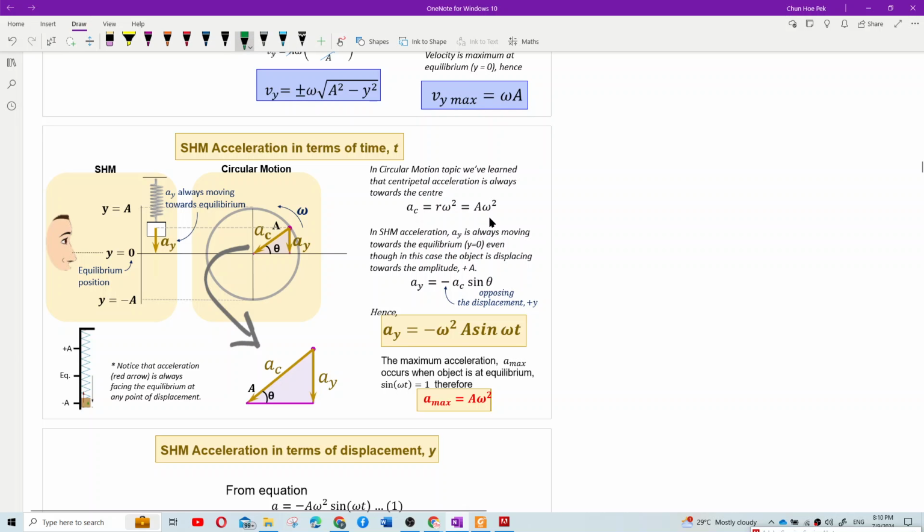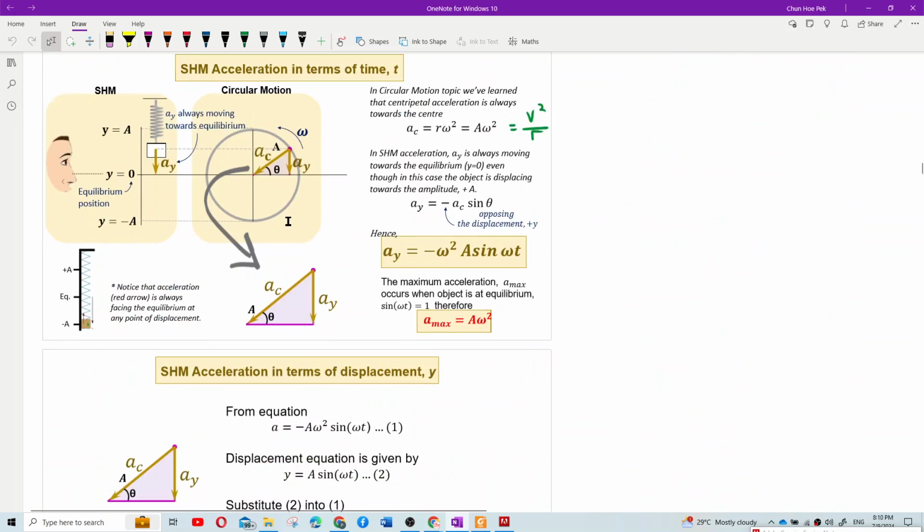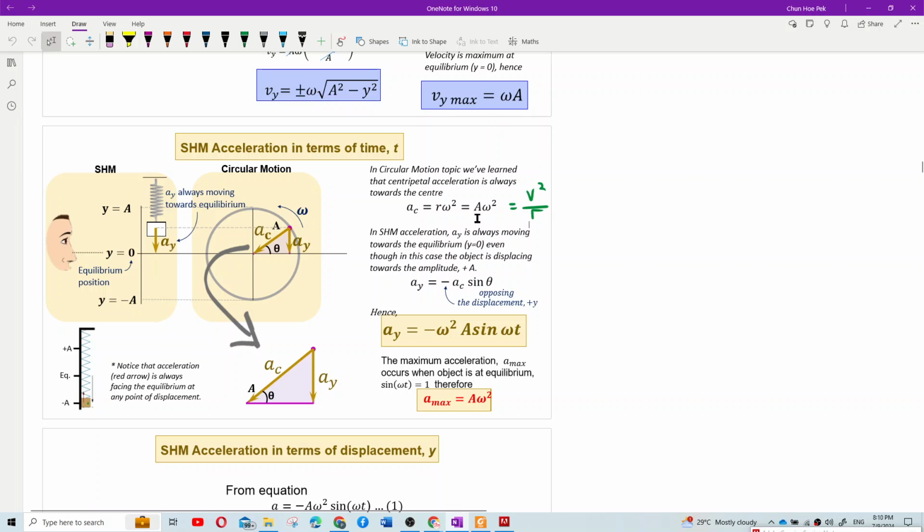We learned a_c is equal to V square over R, or you can also write it as R omega square. And then R is amplitude, because we always regard the radius as amplitude. So our R is amplitude. So we just put radius R omega square as amplitude omega square.